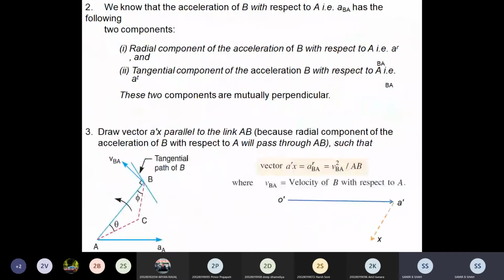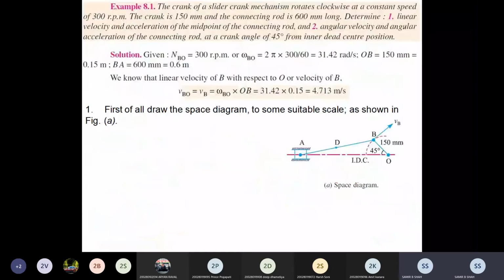Based on that, we previously solved one example of a slider-crank mechanism. As I discussed earlier, if you consider this pink horizontal line, it may be the imaginary line on which the piston reciprocates, and this is the point where the crank revolves on its own axis. At that time, we consider this OA as an imaginary line, right?